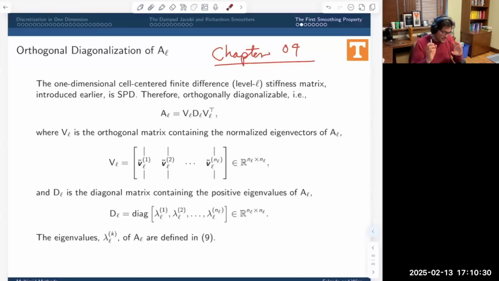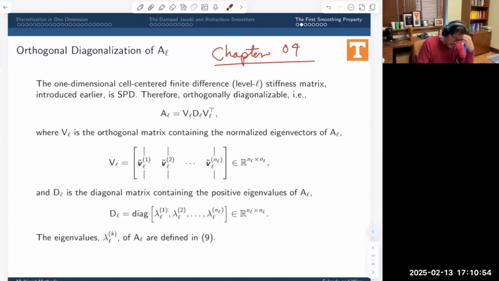How do these relate to those sine waves that we developed earlier? Well, you can just use those sine modes for these columns, but you have to normalize them so that the resulting matrix VL is orthogonal. For that to happen, the columns have to be not just orthogonal, but orthonormal.